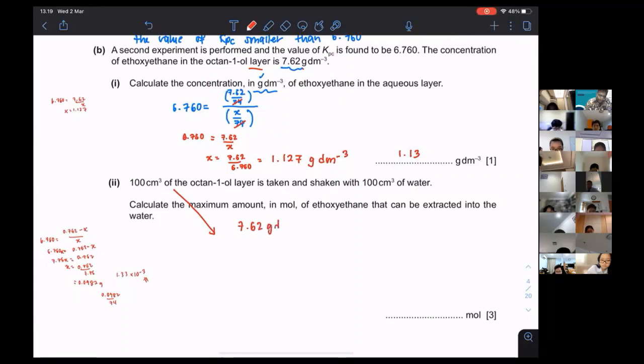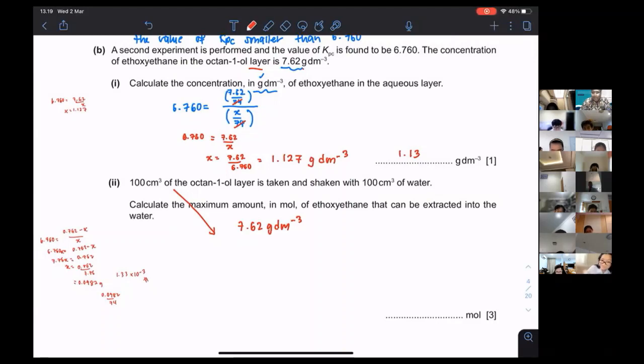From there, you are taking 100 cm cube. Just imagine that's the concentration in 1 dm cube: you have 7.62 gram, and you are taking 100 cm cube.